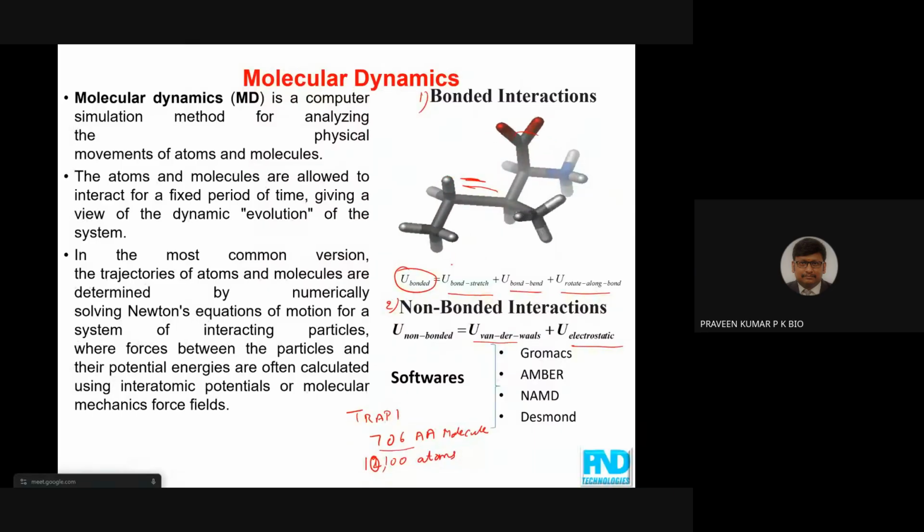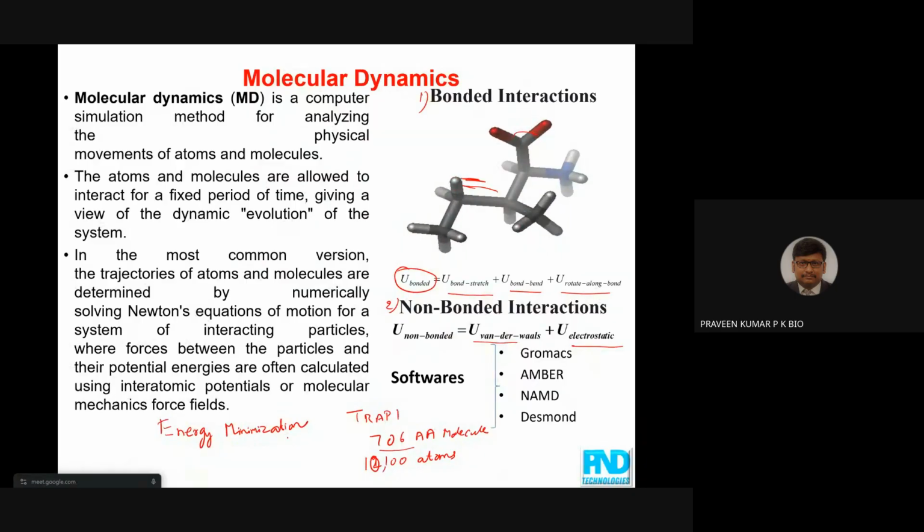And then whatever energy we calculate, we go with the energy minimization protocol. So there is another method of drug design called energy minimization. For energy minimization, for a protein, we have to calculate for each and every amino acid molecule, and we sum up all the energies of these amino acid molecules, which is nothing but a summation of bonded and non-bonded energies.